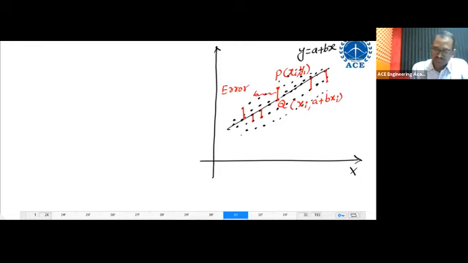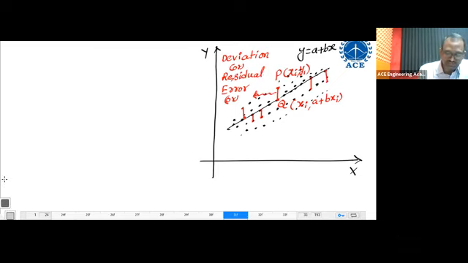The distance between P and Q is called error, also called deviation, also called residual. This is the distance between P and Q that I want to minimize.